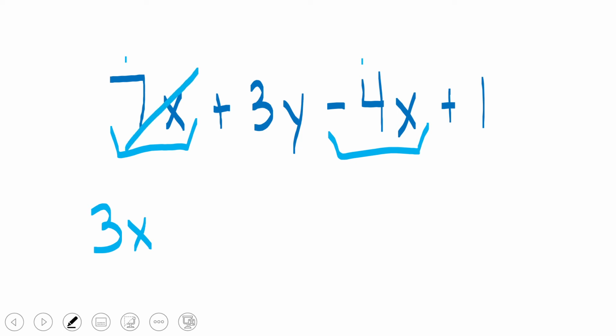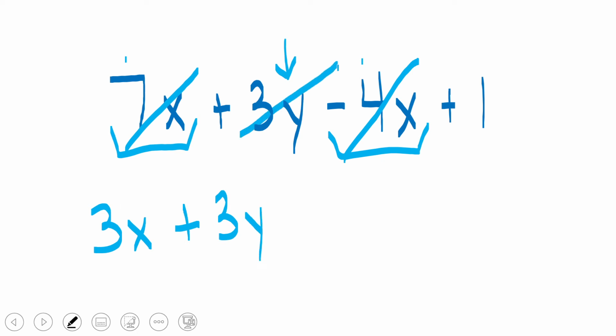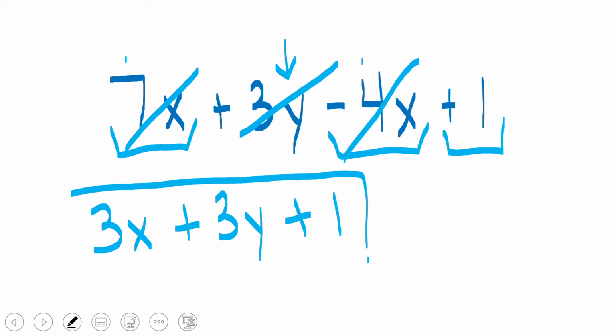We've addressed these. The only thing left is a 3y by itself. Okay, we've addressed that one. It doesn't look like any other term in our problem. And then there's a constant by itself. Now we've simplified this problem as far as we can with the information we have.